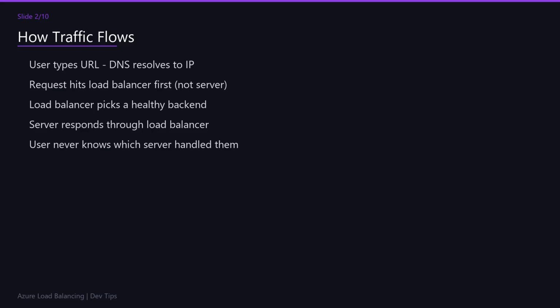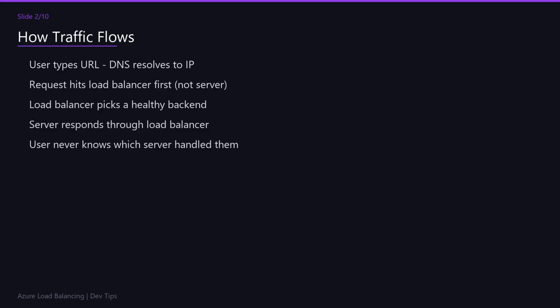Azure Load Balancer is the simplest, fastest option. It operates at layer 4, the transport layer. That means it sees IP addresses and port numbers, but it cannot look inside the request. It does not know if you are requesting /login or /checkout. It just sees a TCP connection on port 443 and sends it somewhere.